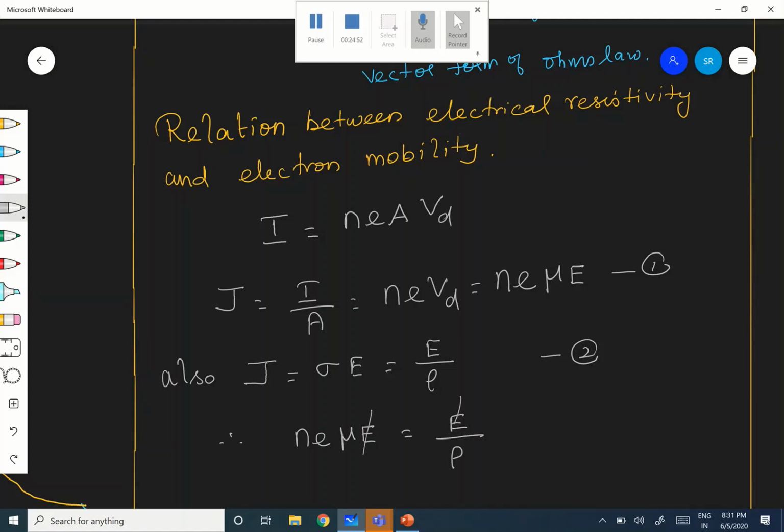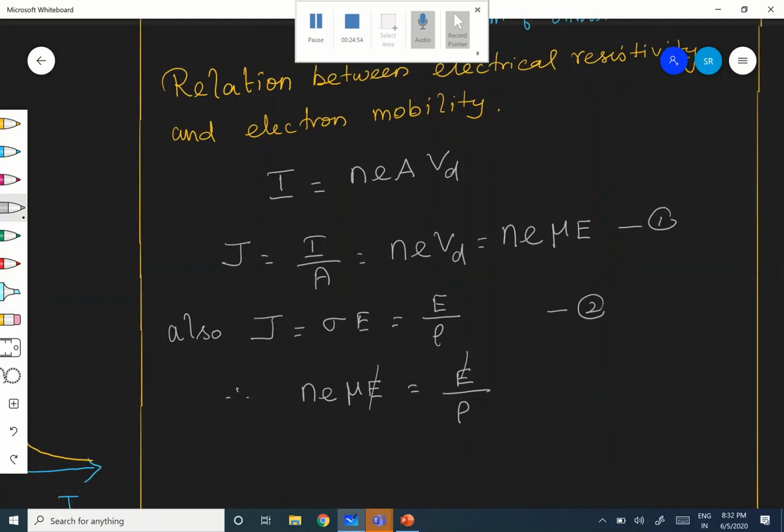E will get cancelled. Therefore, you will get rho equal to 1 divided by N E mu. So this is the relation between resistivity and electron mobility. Rho is equal to this. Therefore, that implies sigma is equal to N E mu.